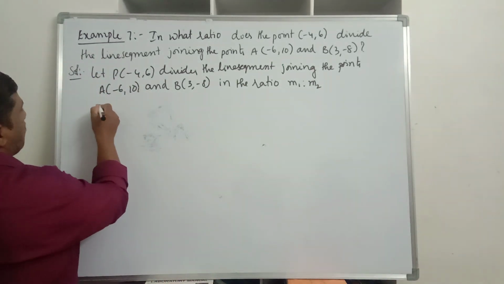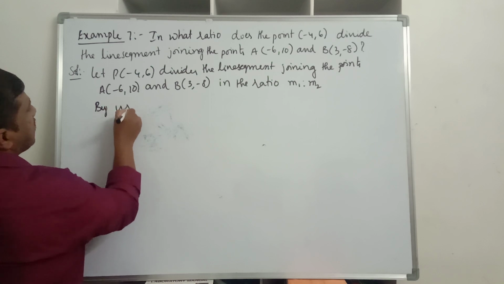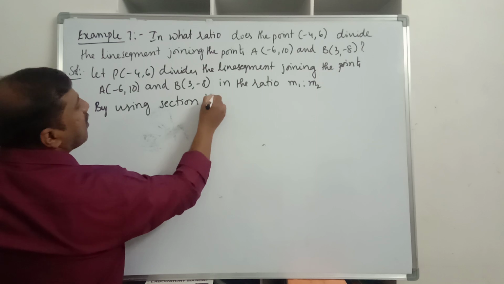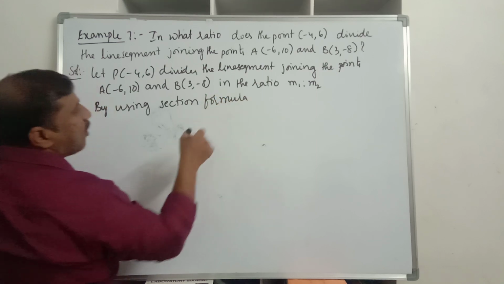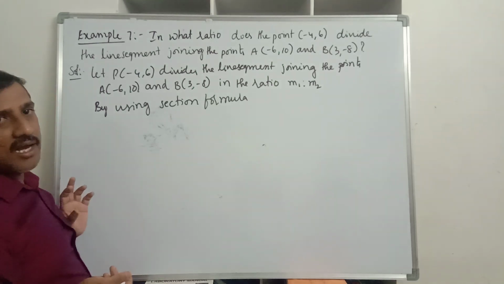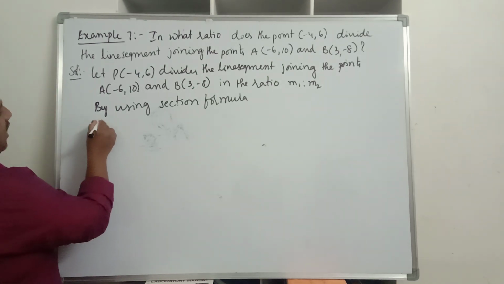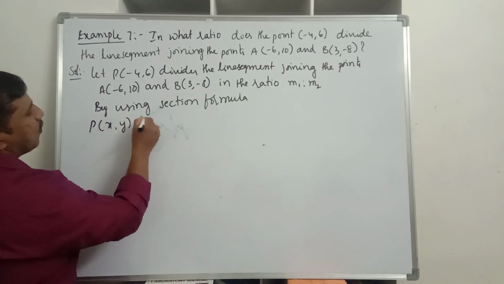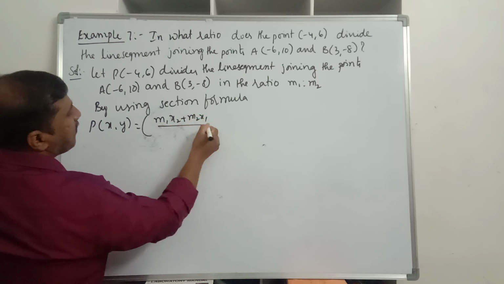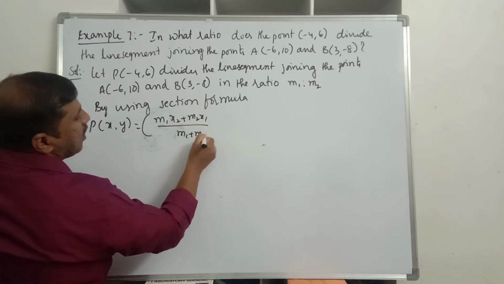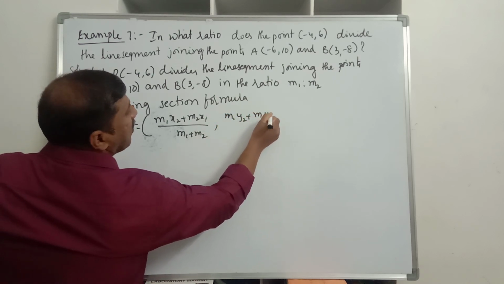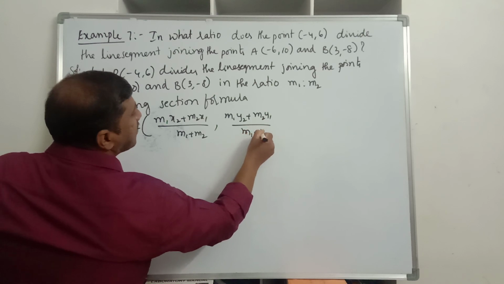So by using the section formula, what is the section formula? It will give you the coordinates of the point which divides the line segment formed by joining 2 points. That is P(x, y) is equal to (m1 x2 plus m2 x1) divided by (m1 plus m2), (m1 y2 plus m2 y1) divided by (m1 plus m2).